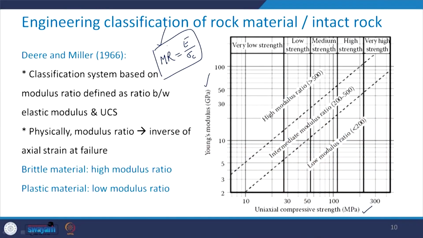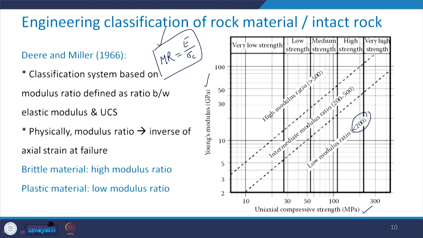So, you see here that 3 ratios have been taken. Below this line you have the low modulus ratio, which is 200. That means the slope of this line is 200:1.